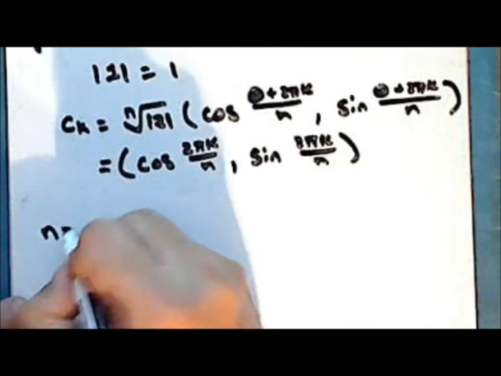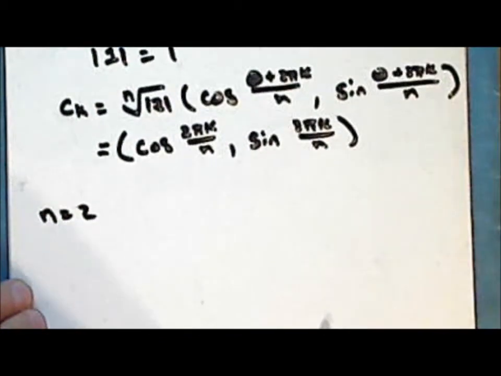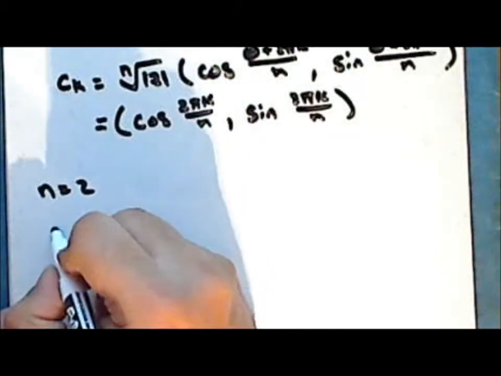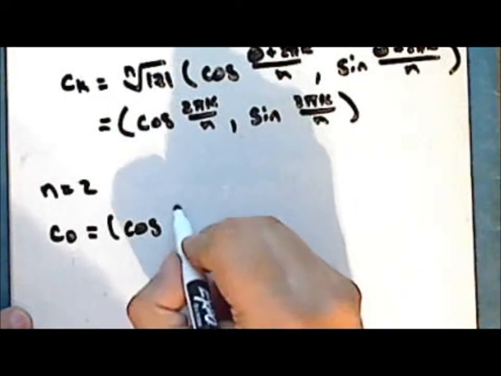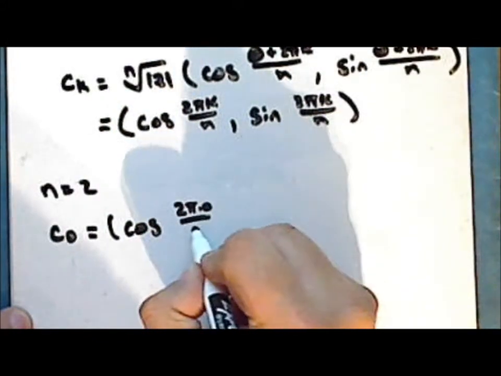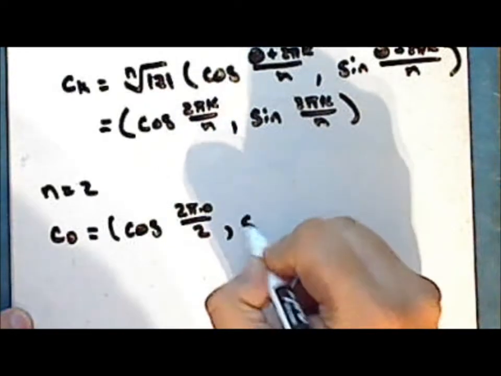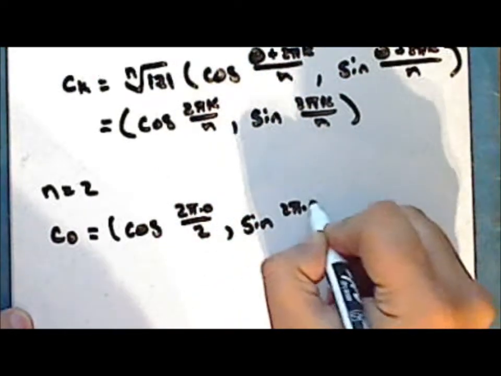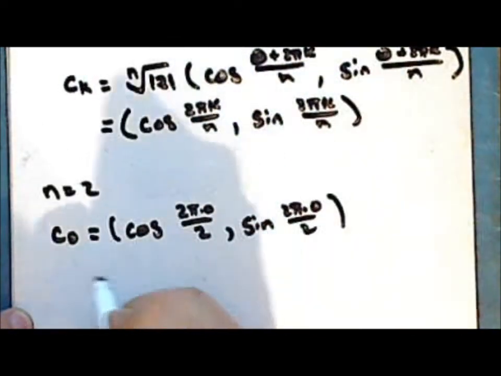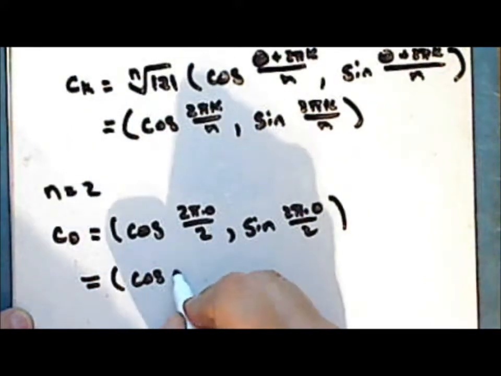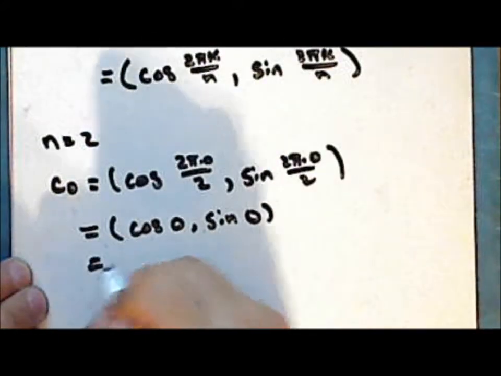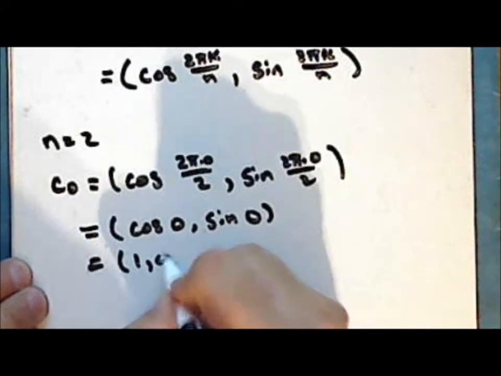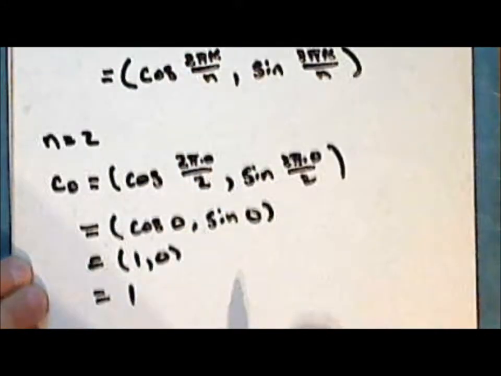So in the case n equals 2, that is the square roots of unity, we now compute the elements in that set. C sub 0 is the ordered pair cosine of 2 pi times 0 divided by 2, sine of 2 pi times 0 divided by 2. This is the ordered pair cosine 0, sine 0, which is the ordered pair 1, 0, which is the real number 1.